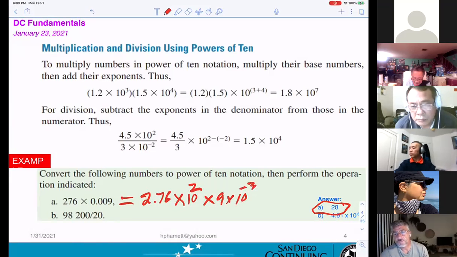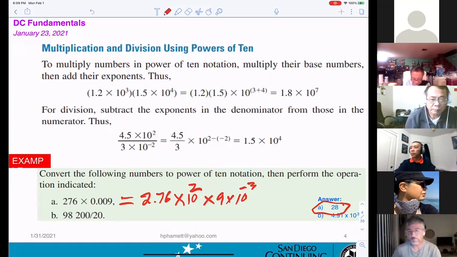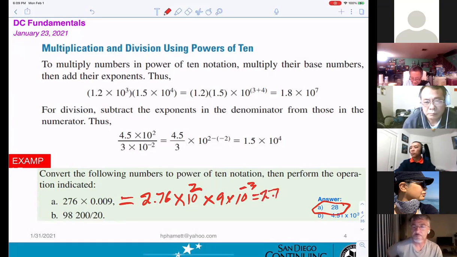So you take 9 times 2.76, right? Yep. And basically you get 2.76 times 9, divided by 10, times 10 to the negative 1, right? Yep.